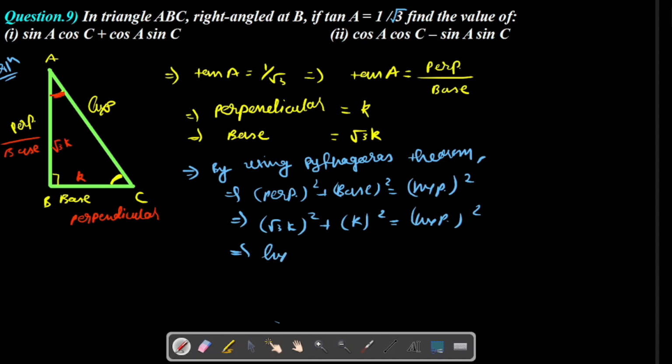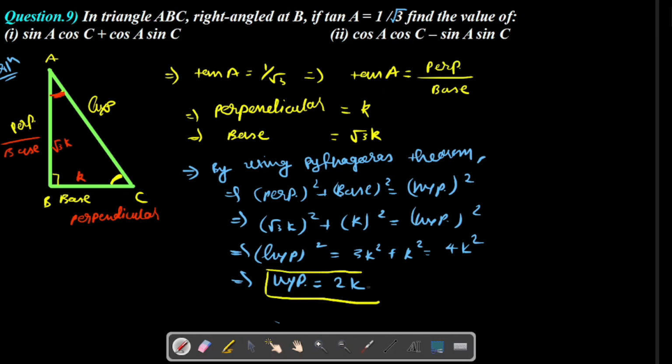So hypotenuse square is equal to 3K square plus K square, which is 4K square, so the hypotenuse becomes 2K, right? The value is 2K.